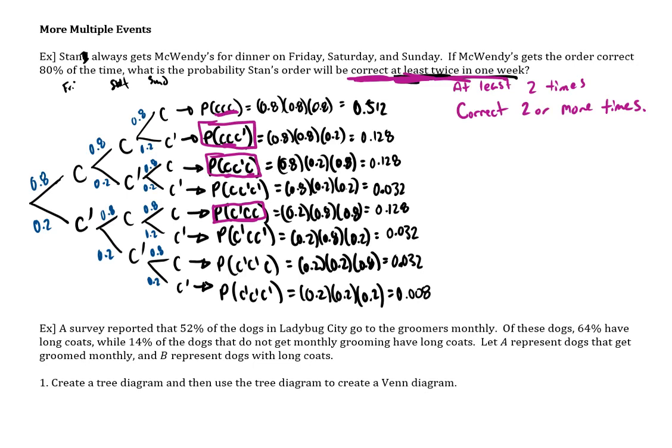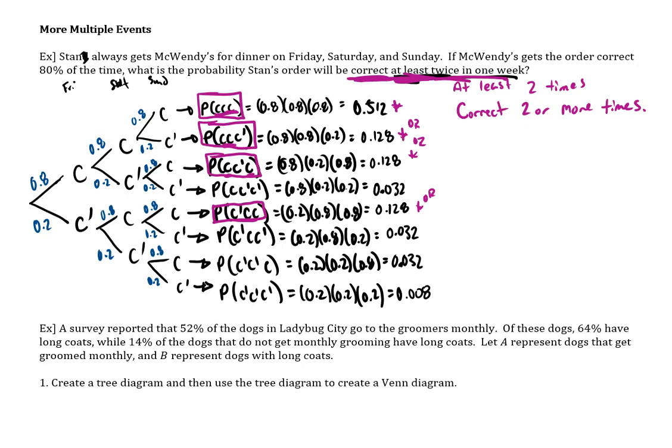Okay, so there's 4 of them where there are at least 2 corrects. Okay, and so that means when it really comes to an OR problem, this is one event that could have occurred with its probability, or this is one of the final outcomes that could have occurred, or this, or this. So any of these are the ORs that could have happened.